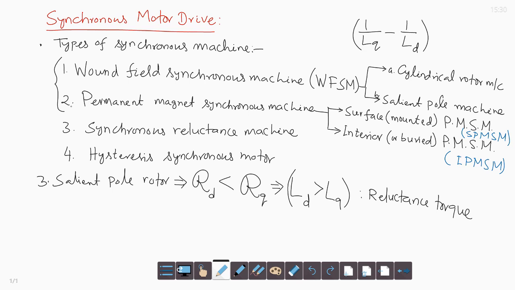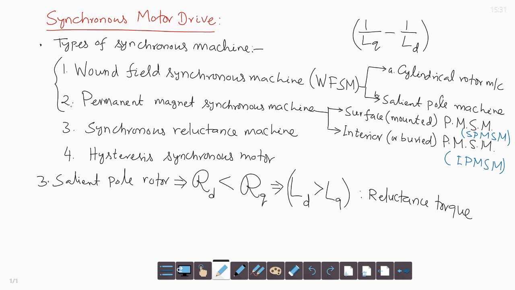The permanent magnet produces a magnetic field, and when the motor is rotating starting from rest, that means the motor speed is less than the synchronous speed, then there will be induced EMF in the stator winding due to the rotor MMF.